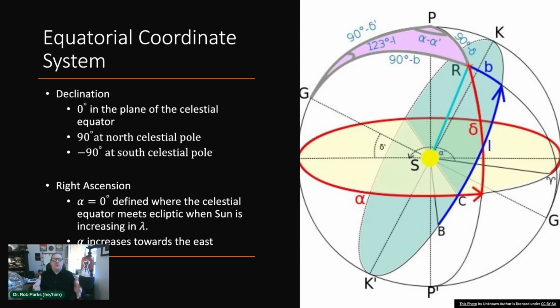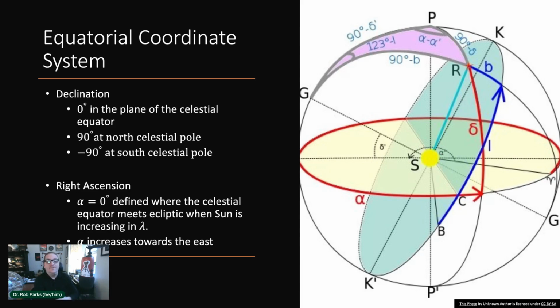And so if you were to look at the sun as a function of right ascension and declination, what you would notice is that the sun rises in right ascension and declination. It then gets to a maximum amount in declination of 23.5 degrees. And then as it increases in right ascension, it's going to decrease in declination until it's 0 again.